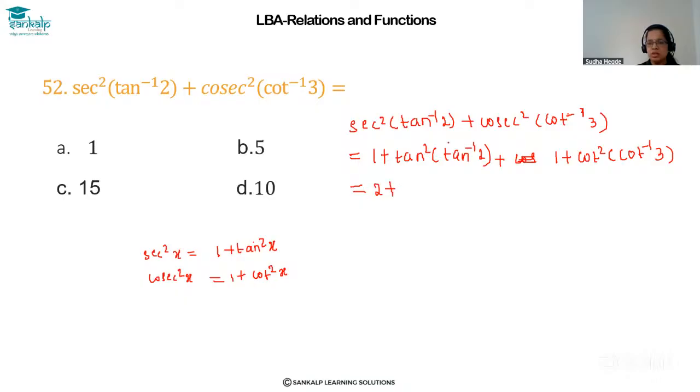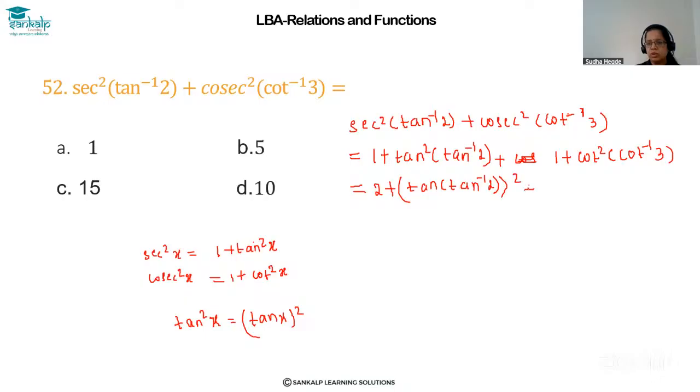2 plus, tan square x can be written as tan x whole square. Correct? So you can write this as tan of tan inverse 2 whole square.